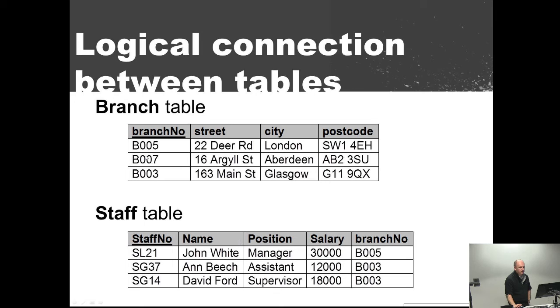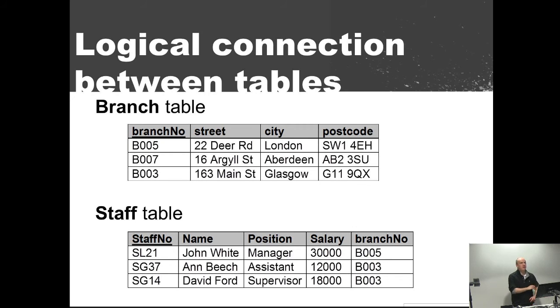John is linked to the London branch, whatever the address of the London branch is. If I change the address of the London branch, I just change those three fields. I don't have to touch anything about the staff, because John works in the London branch, wherever the branch is.